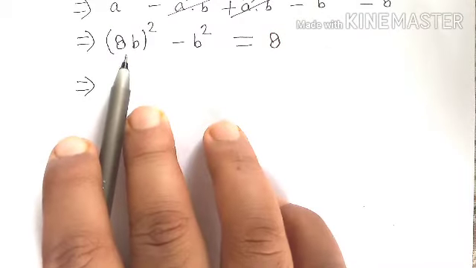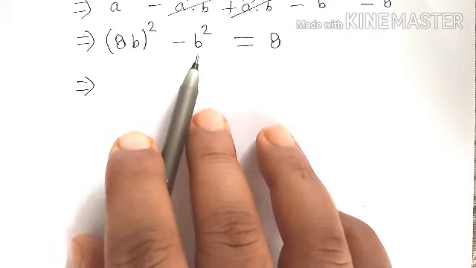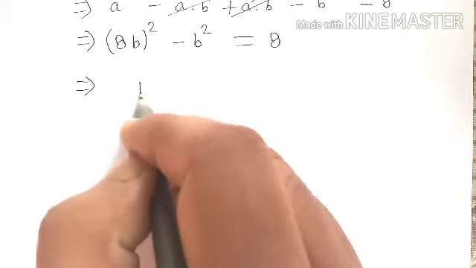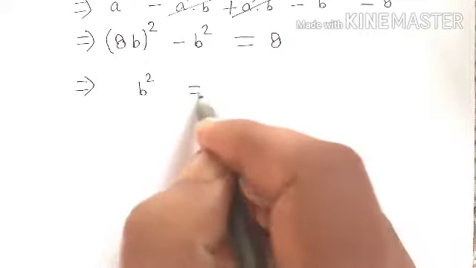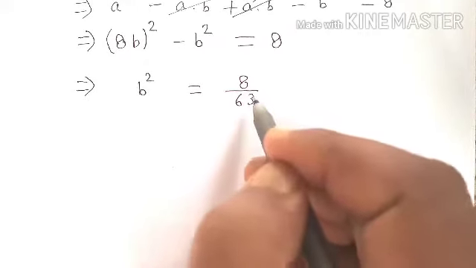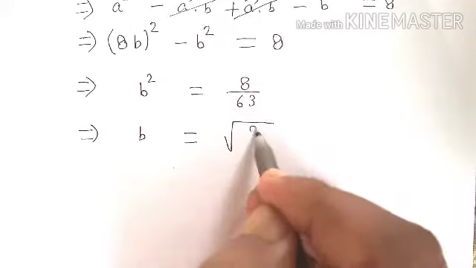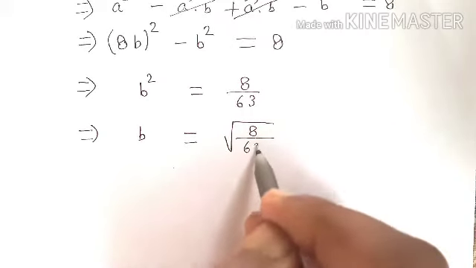Here 64 B square minus B square is 63 B square, so B square is equal to 8 by 63. This implies that B is equal to the square root of 8 by 63.